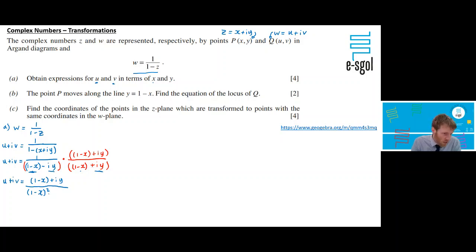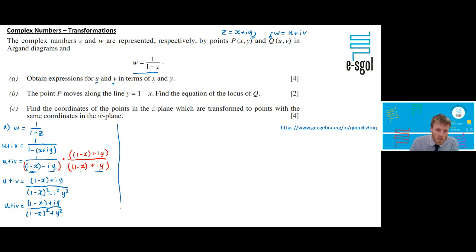So that's going to give me negative i squared y squared on the bottom. So that gives me 1 minus x plus iy on the top, all divided by 1 minus x squared. And then the i squared is minus 1, so we just get plus y squared as the denominator.